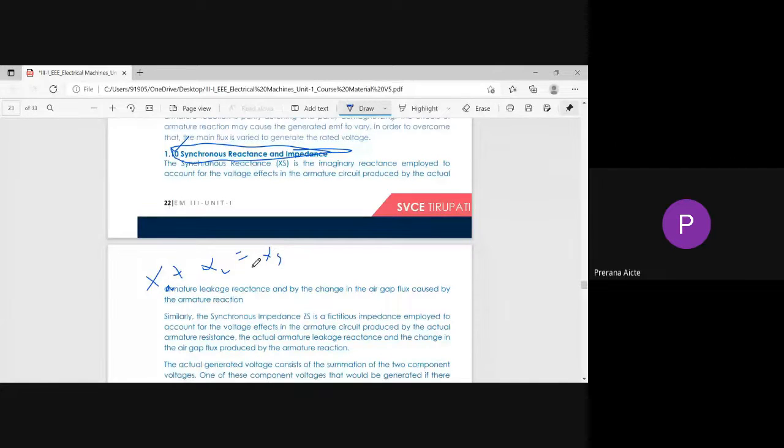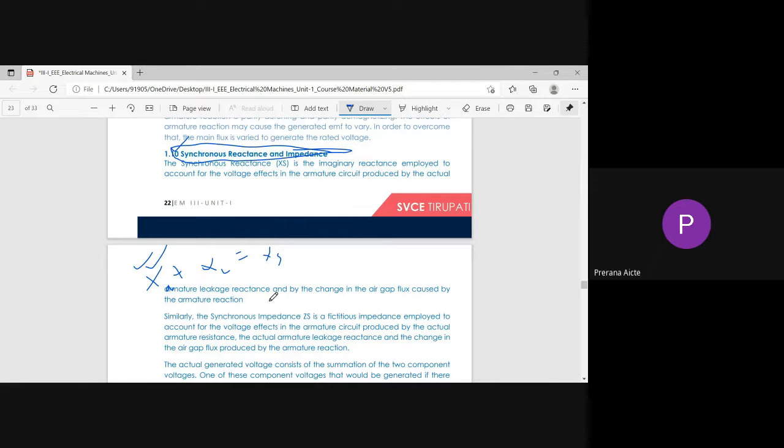What is meant by these reactances? Because the armature reaction exists, there will be a demagnetization effect. So to model the armature reaction, we take one term. The term is XA, the armature reactance.